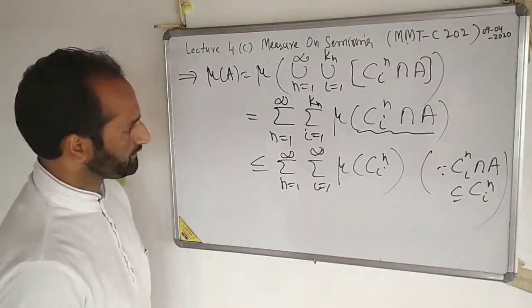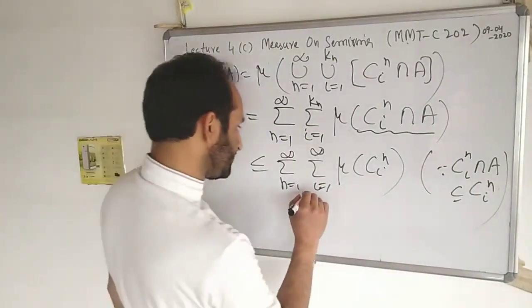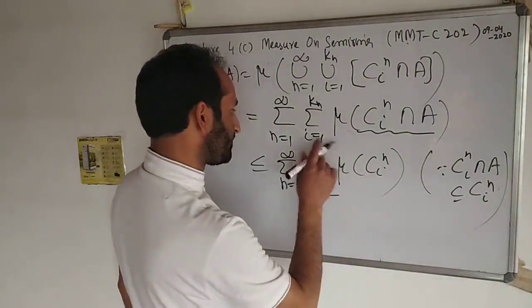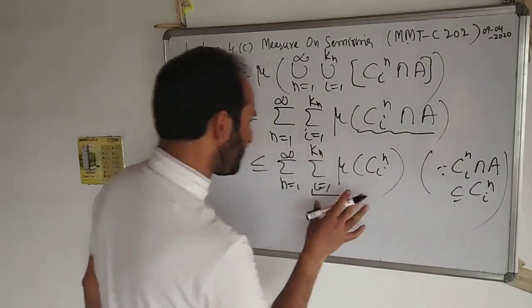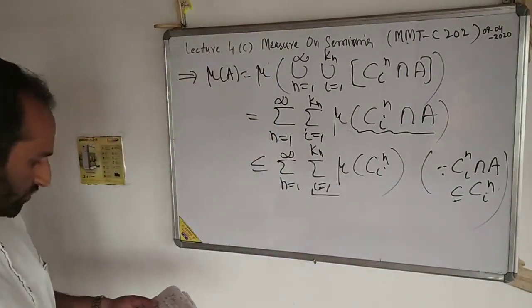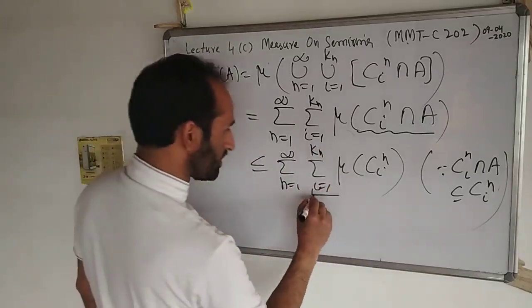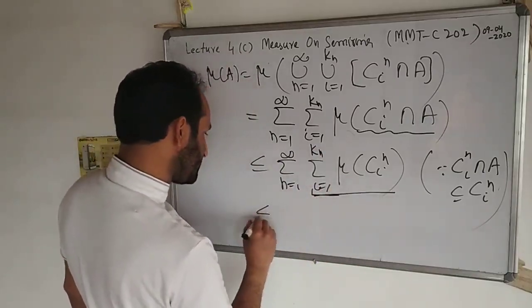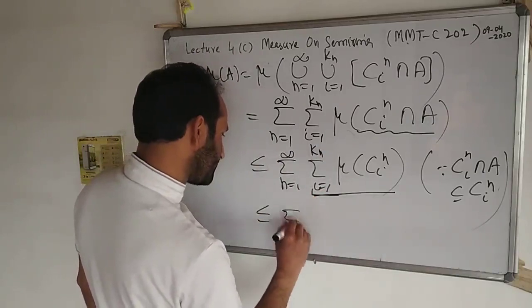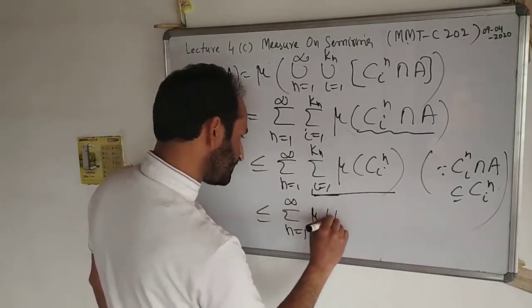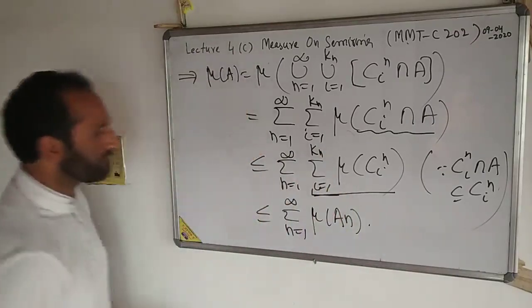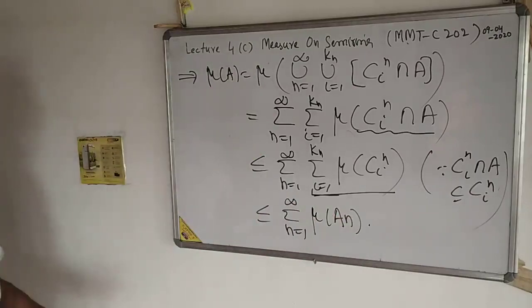So now what's this sum? It's summation i from 1 to K_n. This is already done. It's less or equal to mu of A_n. This sum is less or equal to mu of A_n. It's less or equal to summation n runs from 1 to infinity mu of A_n. So that proves this result.